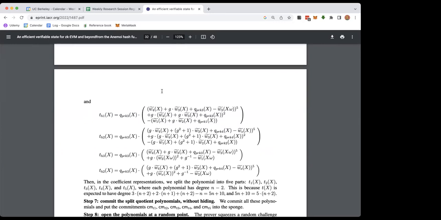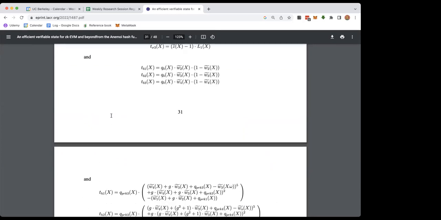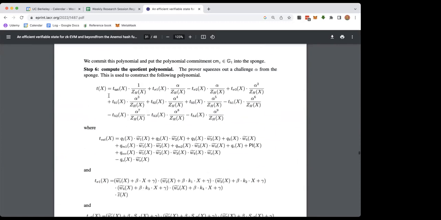So what we are doing is getting the coset evaluation of t, and then converting that into coefficients. Basically I'm computing t by computing all its evaluations in the coset.